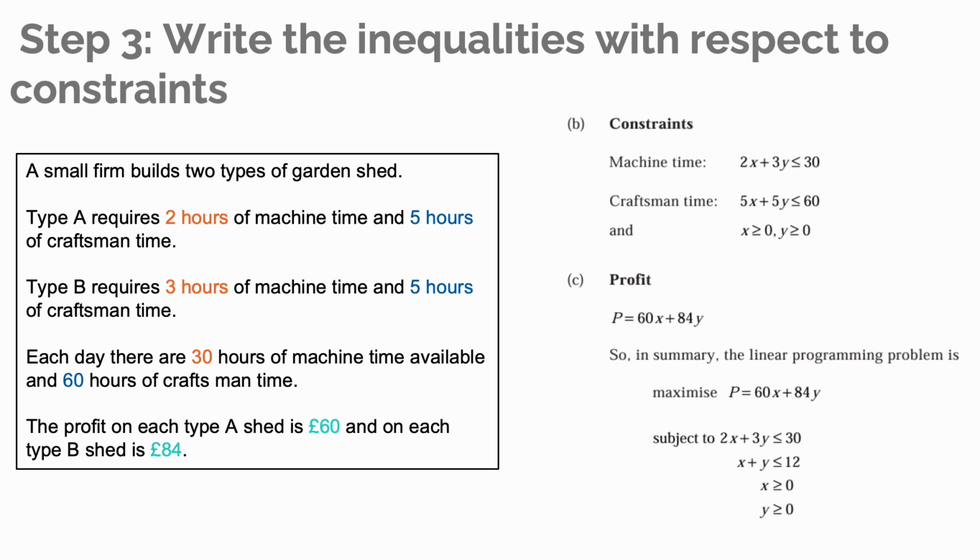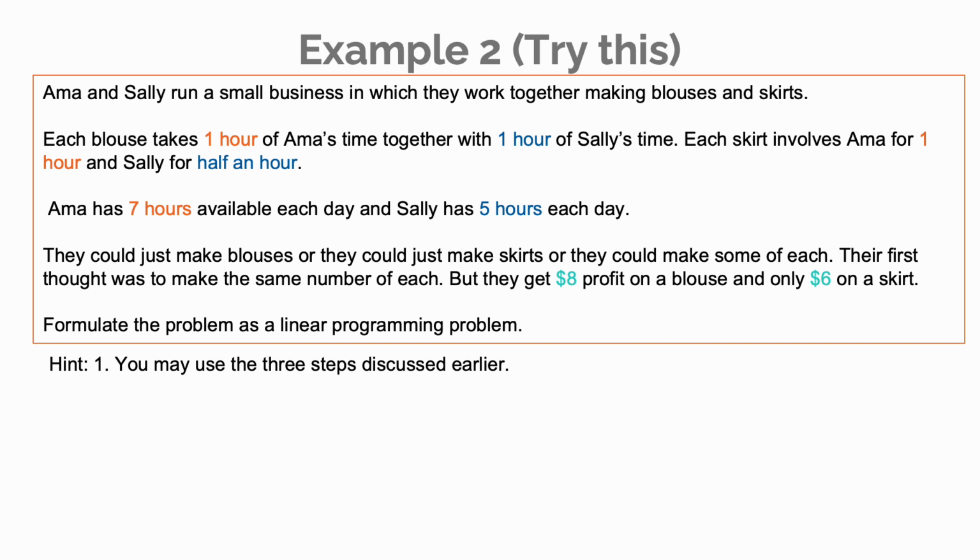So we have maximize P constrained to 2x plus 3y less than or equal to 30, and x plus y less than or equal to 12, x greater than or equal to 0, and then y greater than or equal to 0.